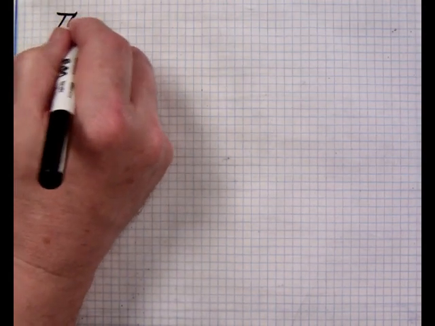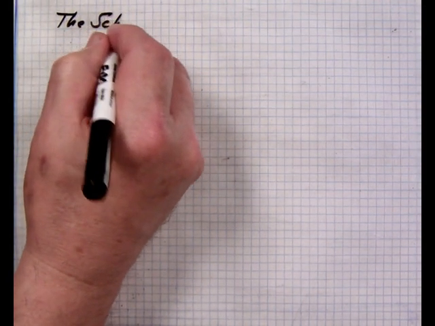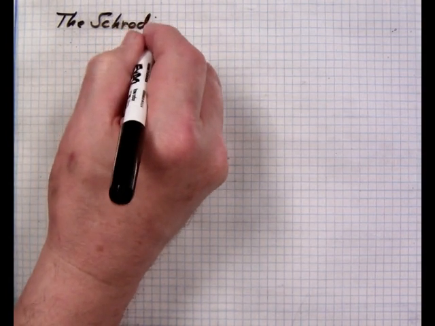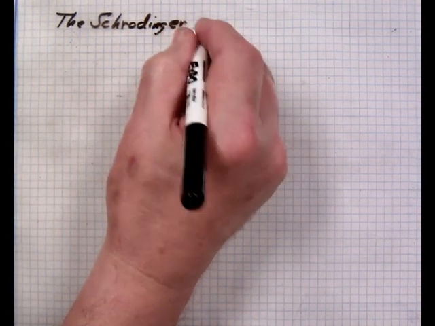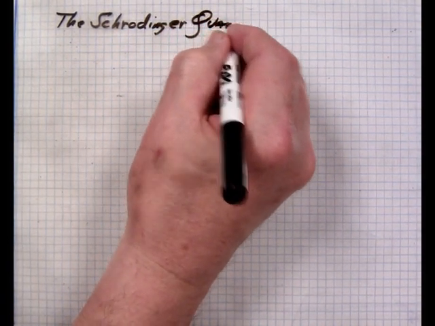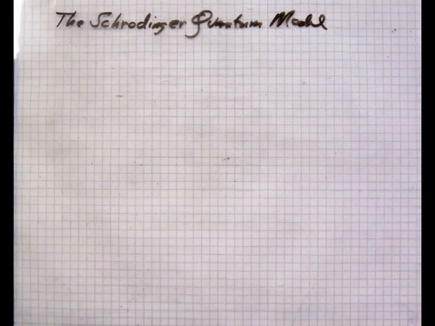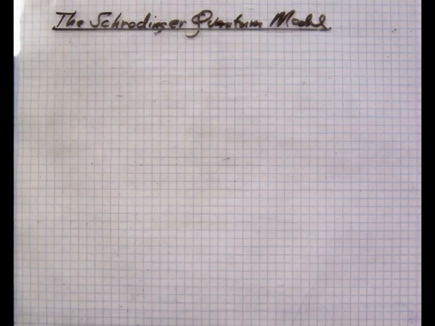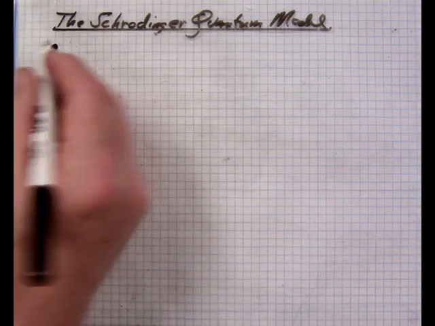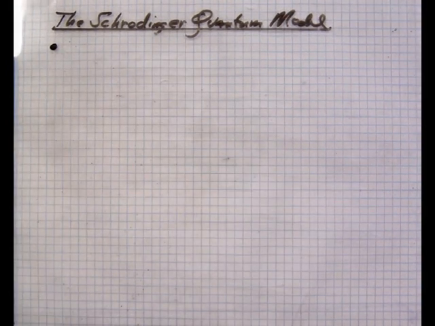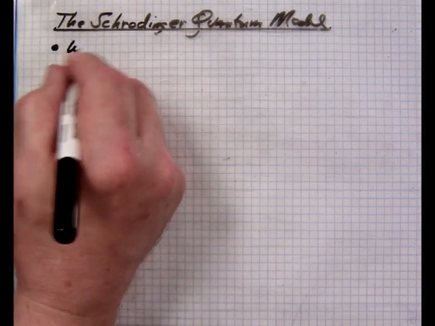Okay, so this is again the Schrodinger quantum model. Just a couple of factoids here. The Schrodinger model is based upon what we call the wave-particle duality of the electron.